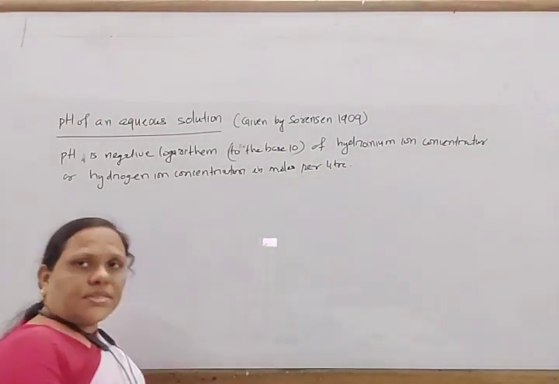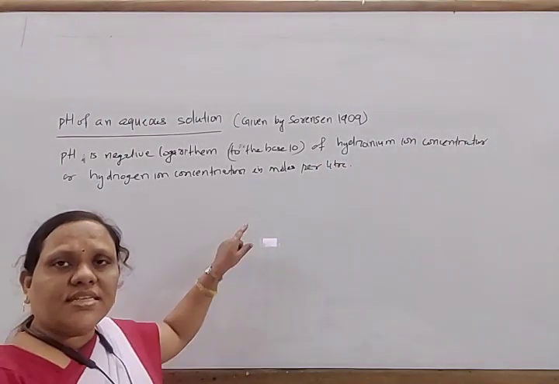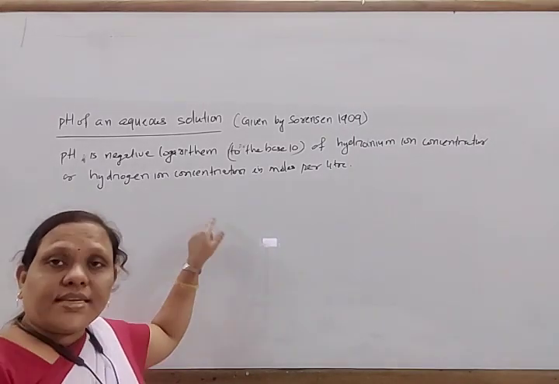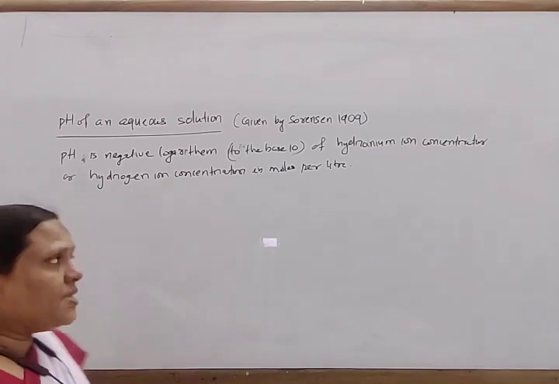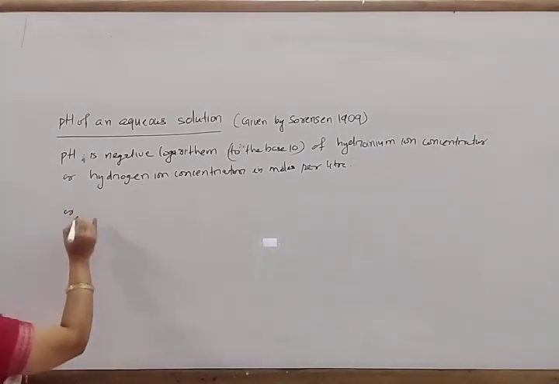So when the hydronium ion concentration is taken in moles per liter, the negative logarithm of this hydrogen ion concentration is known as pH.